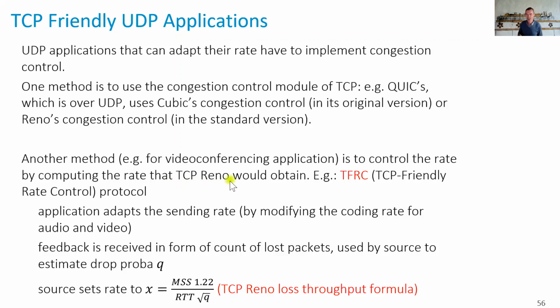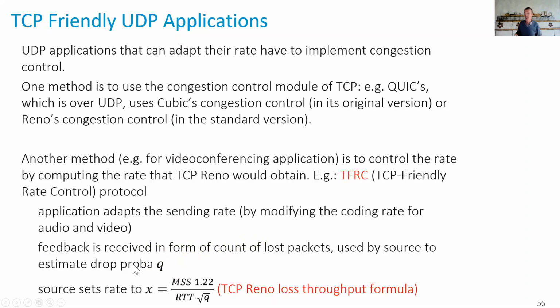I call it a dogma because it's based on the feeling that TCP is the best thing that humanity has invented in the concept of congestion control. Therefore, we should imitate it, and this is called TCP friendly. So there is, for example, a standard protocol, TFRC, the TCP friendly rate control protocol, that says the following: such an application that can adapt its rate must still receive feedback from the destination.